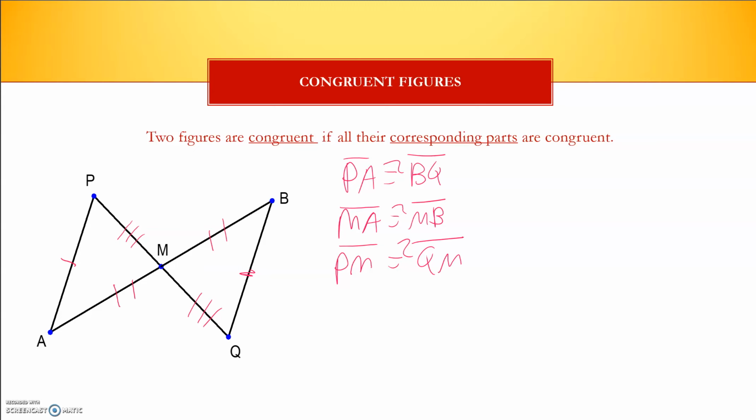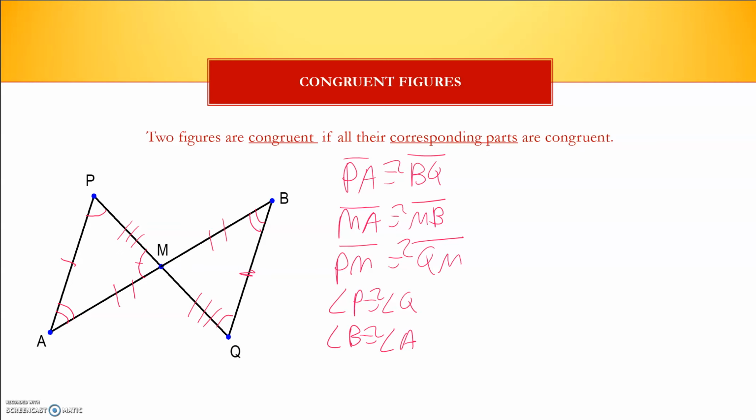Let's say, for example, we have some angles as well, that angle P is congruent to angle Q, and that angle B is congruent to angle A.